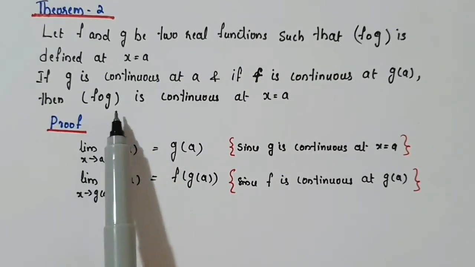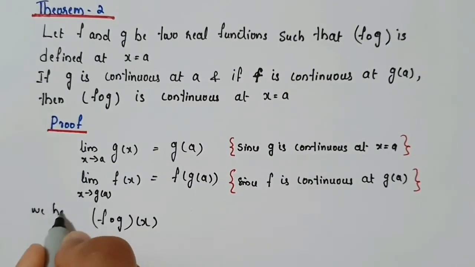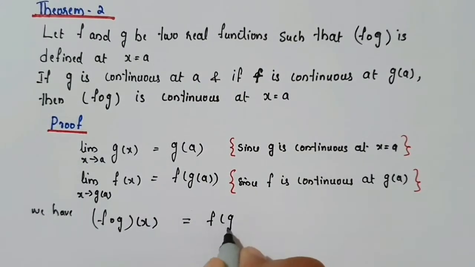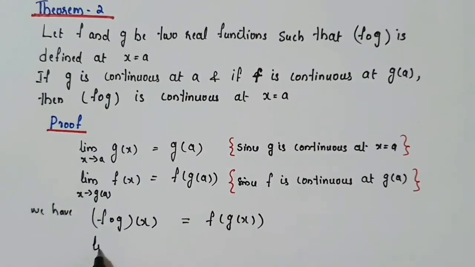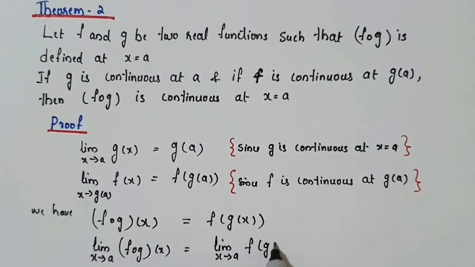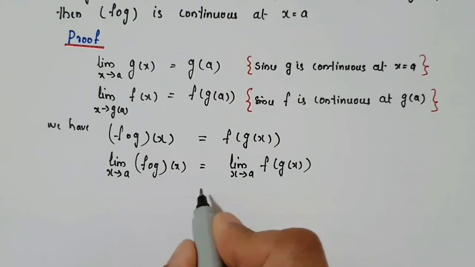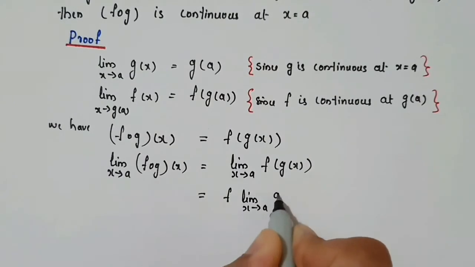Now, we have to check f composed with g is continuous at x equal to a. We have f composed with g of x is equal to f of g of x. If we apply the limit, this gives limit x tends to a of f composed with g of x, which is equal to limit x tends to a of f of g of x. When the limit goes inside, this becomes f of limit x tends to a of g of x.